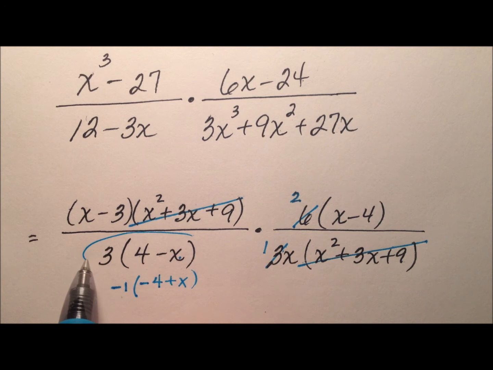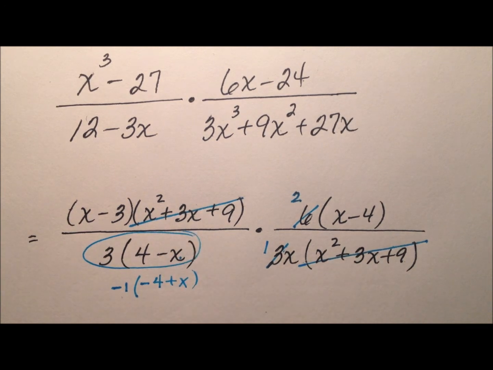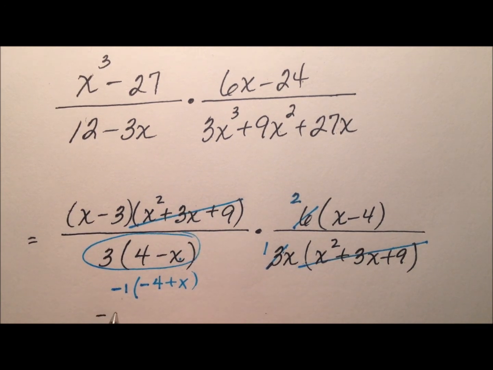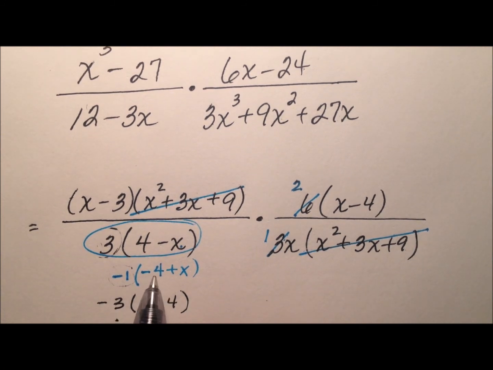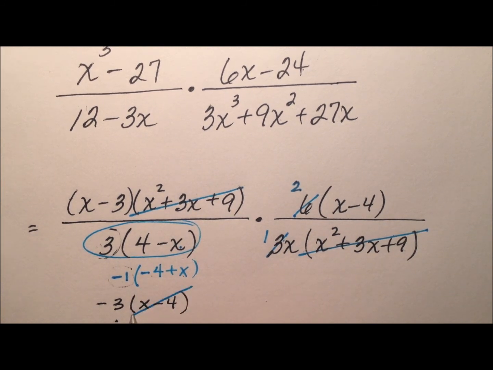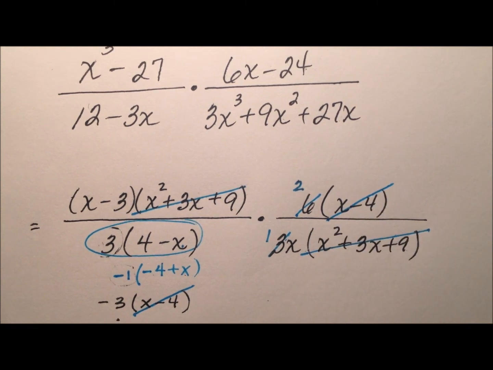Or in fact, I could rewrite this entire expression as negative 3 and then x minus 4, because the negative 1 and the positive 3 multiply to make a negative 3. And then when I switch the order of these terms, x minus 4. Which then is nice because the x minus 4 here and the x minus 4 here cancel out.